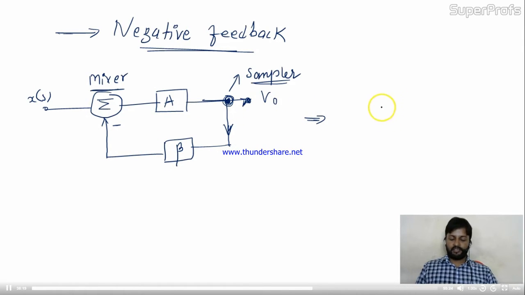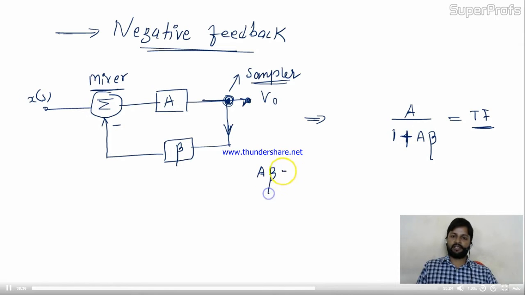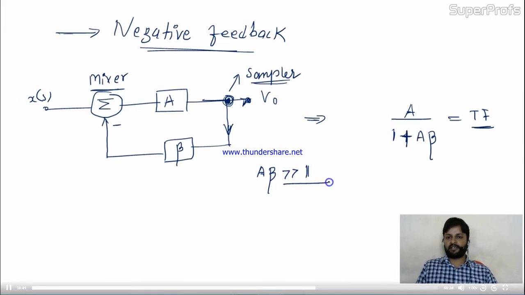Now, if you apply the control formula to find the transfer function of this, the transfer function will be 1 upon 1 plus A beta. This is the transfer function for this circuit. For negative feedback, over here you will have a plus sign. Now suppose A beta is very high, greater than 1.